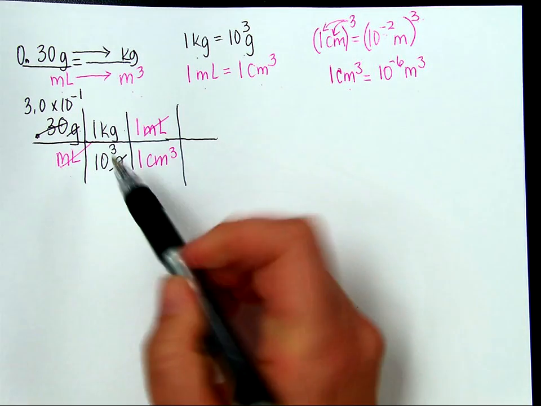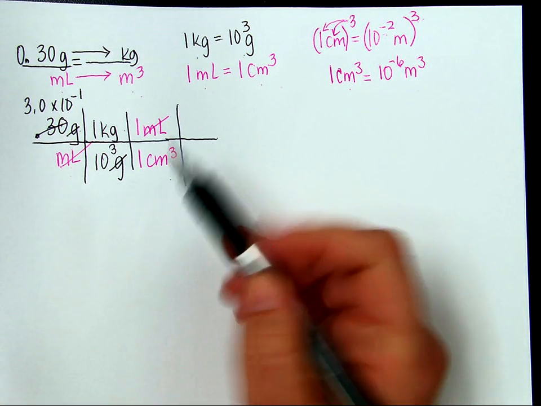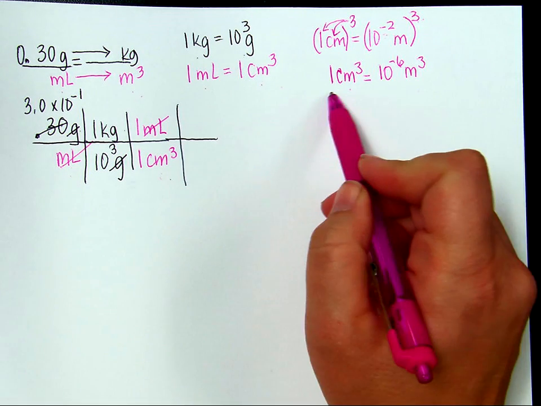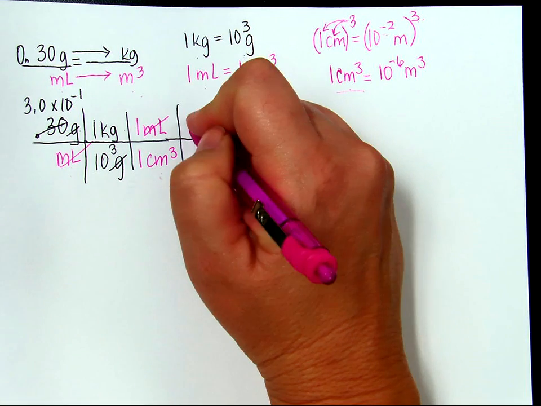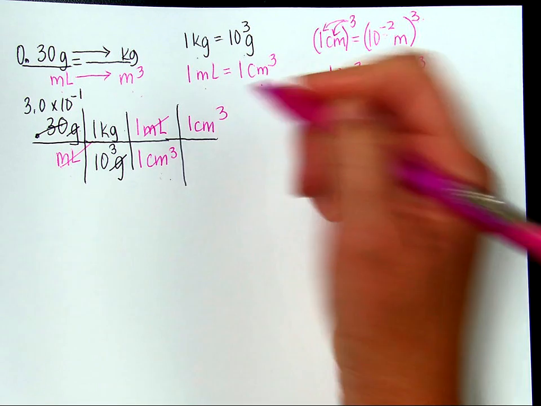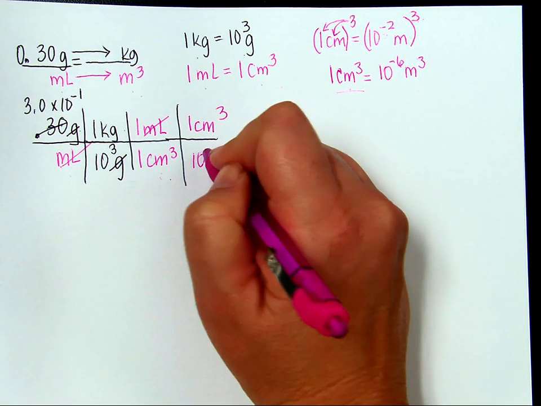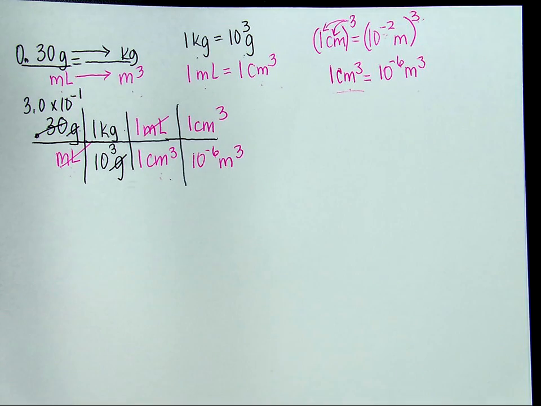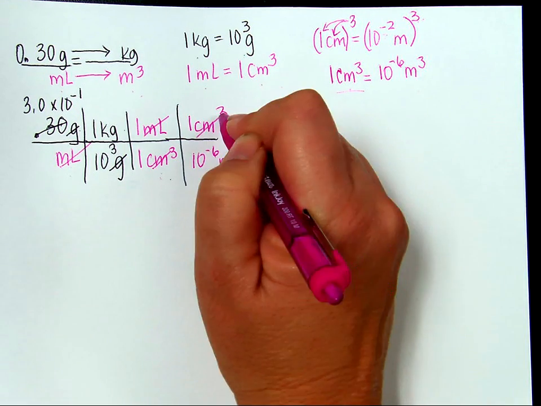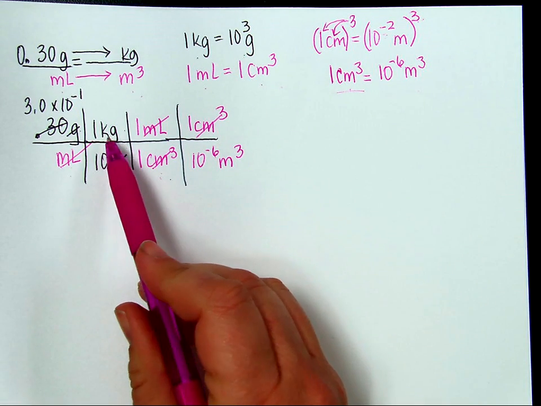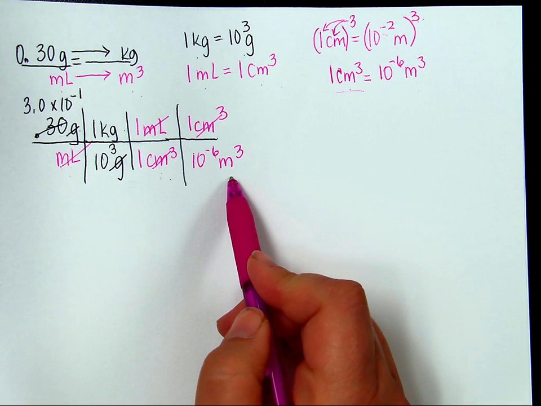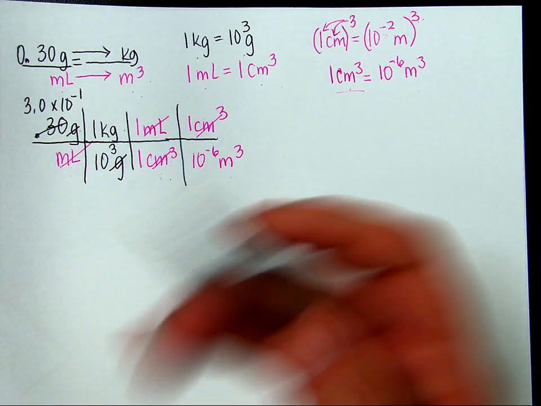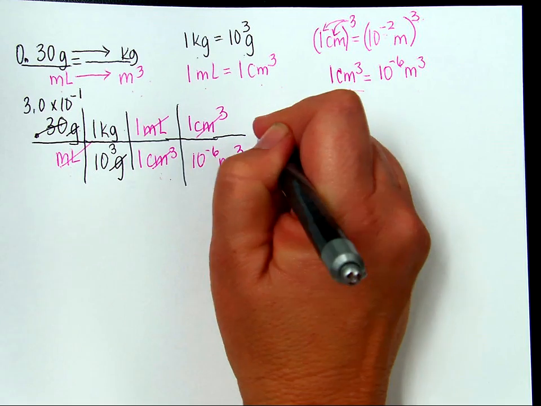But we're not done. Right now we're in kilograms per centimeters cubed. We're going to keep going. If I have centimeters cubed downstairs, using my relationship here, 1 centimeter cubed, and down below it will go 10 to the minus 6 meters cubed. The centimeters unit cancels. My answer right now is in kilograms per meters cubed, which, by the way, is what I'm looking for. That signals it's time to do our equal sign.